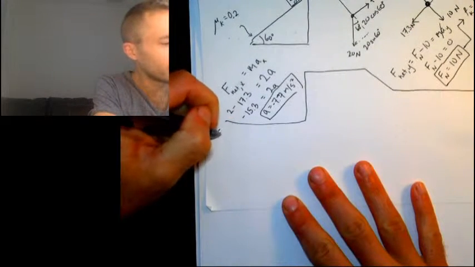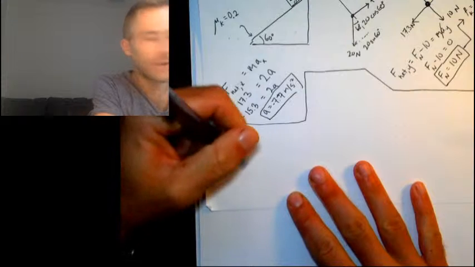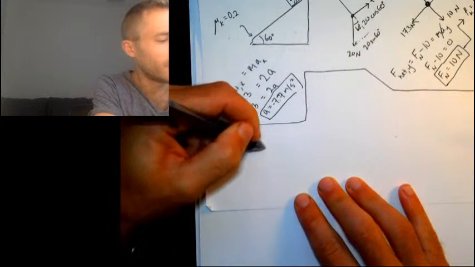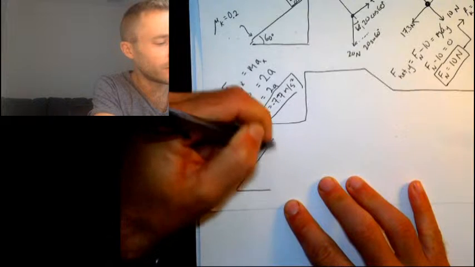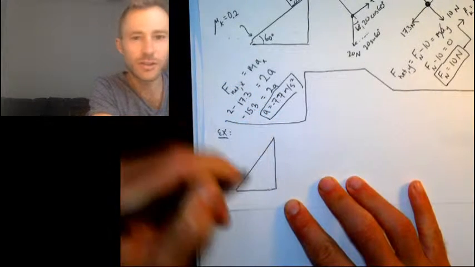Let's suppose we have an incline that makes an angle of 70 degrees. It's a very steep incline.